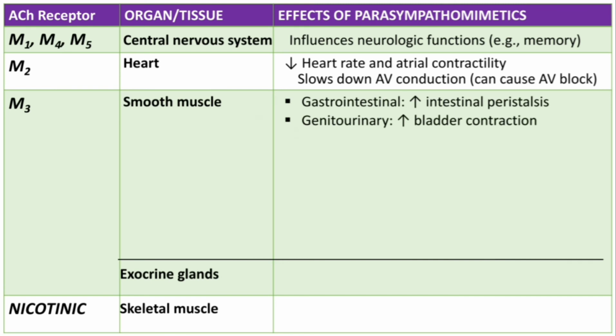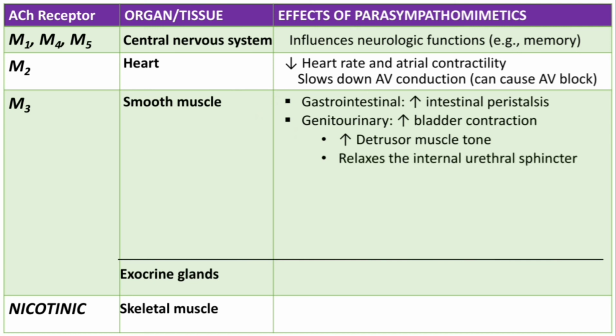In the genitourinary tract, this will increase bladder contraction. How does this happen? There is increased detrusor muscle tone and relaxation of the internal urethral sphincter. So this will allow the person to pee.